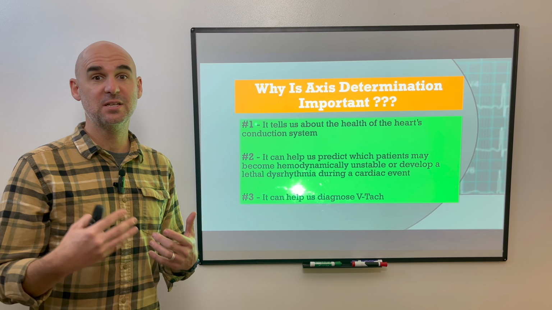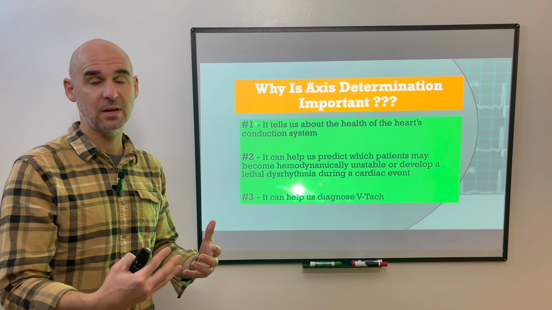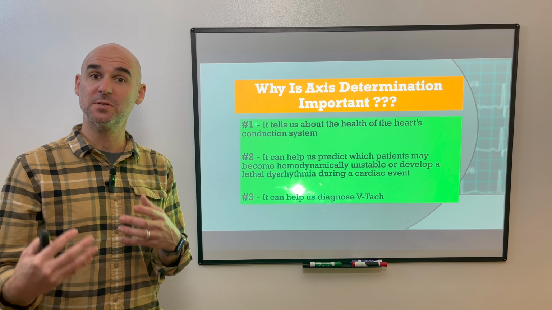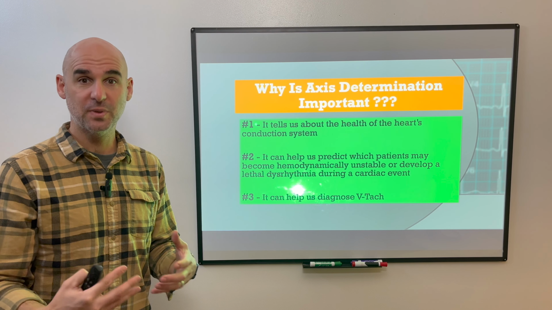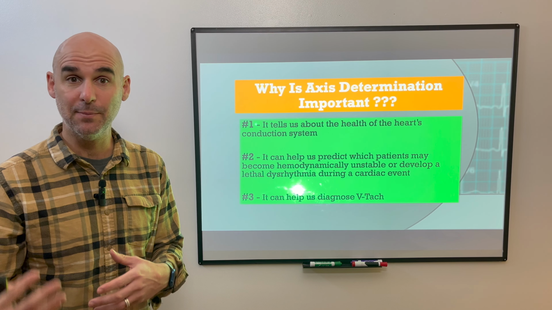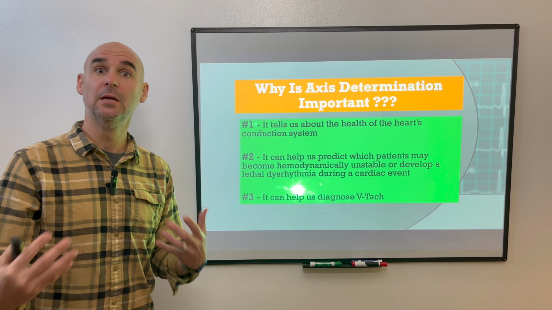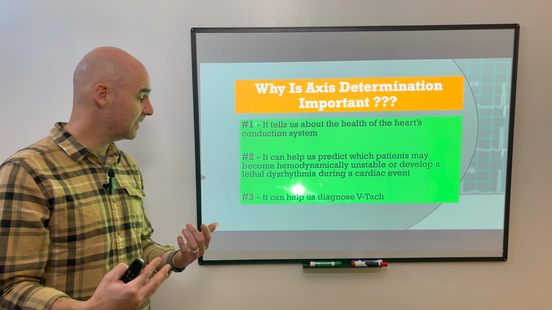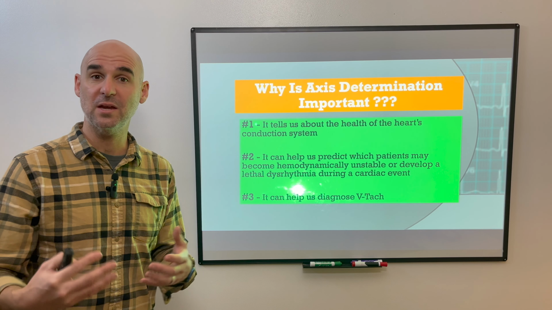Secondly, when our conduction system is not working properly, using our axis determination, it actually can help us predict which patients in a cardiac event potentially will become hemodynamically unstable or potentially develop a lethal dysrhythmia, okay? Hugely important. And then finally, it can also help us in terms of diagnosing or ruling out a patient who's in VTAC.